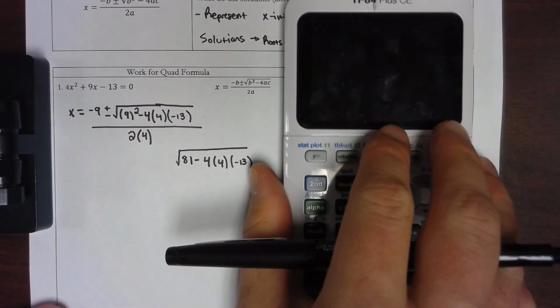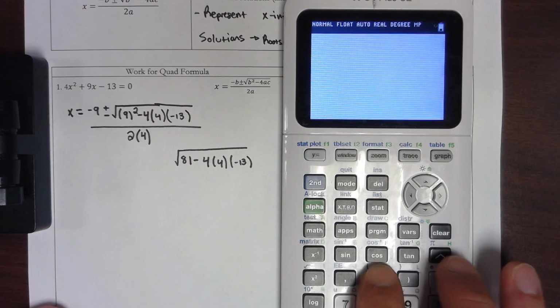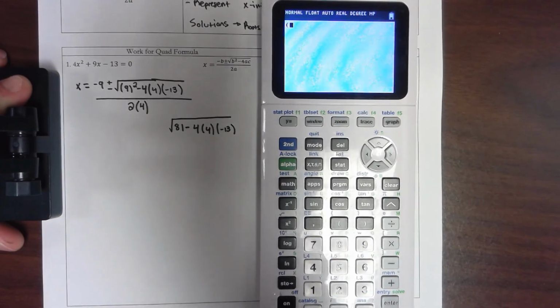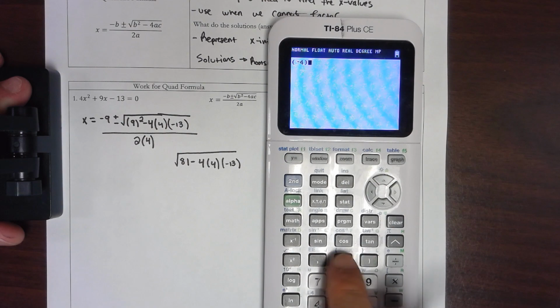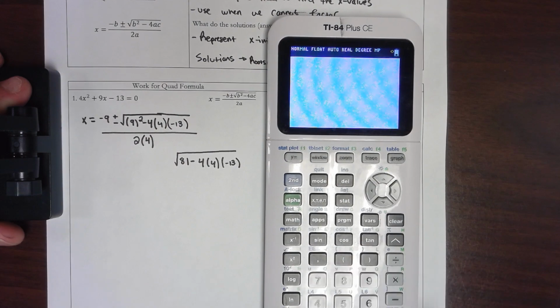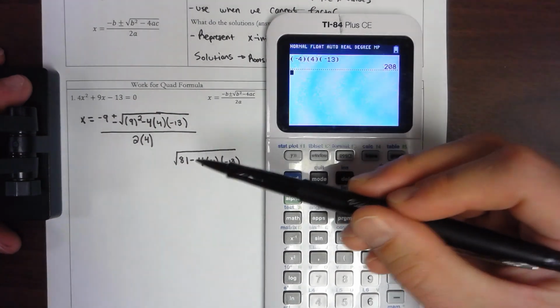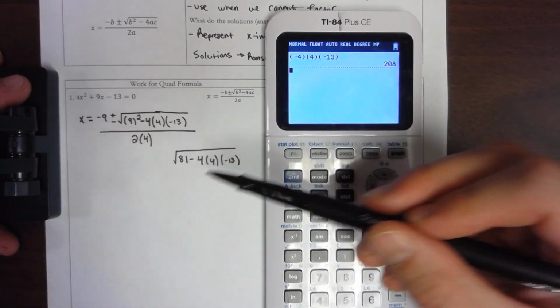So in my calculator, again, I treat this as a negative 4. And I use parentheses when I'm multiplying, with the negative button. Remember, there is a difference between your negative button and subtraction button. So negative 4 times a positive 4 times a negative 13. And that gets me 208. Now, if you treat this 4 as a negative, whatever sign we get tells us whether we are adding or subtracting.